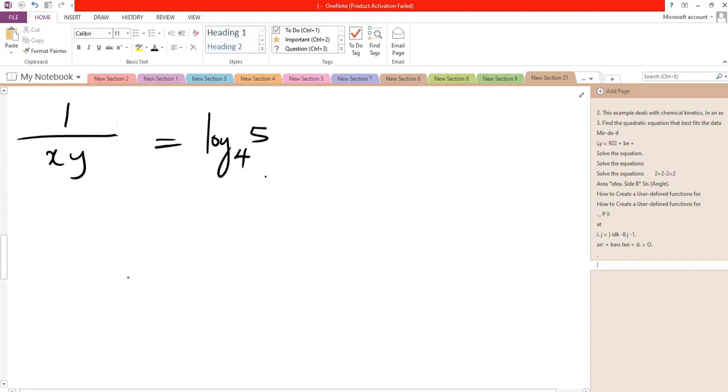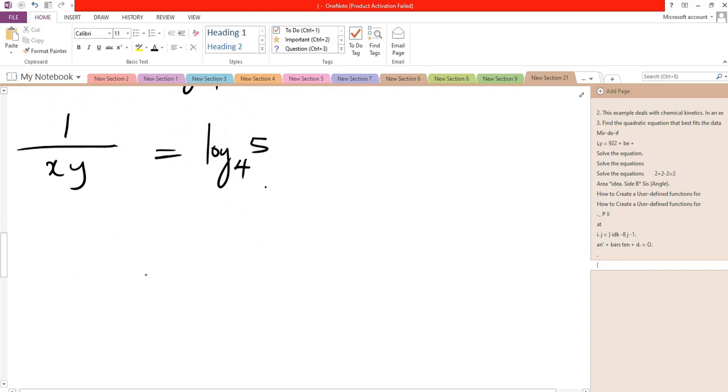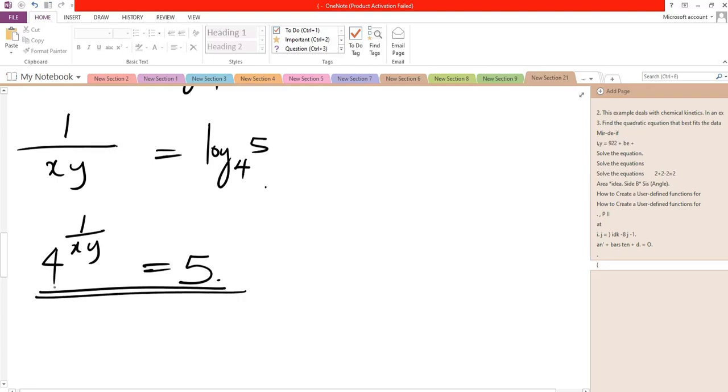Now according to the law of logarithm, to convert this to indices, you have the base 4 raised to this log. So 4 to the power of 1 all over xy, with the log as the power, is equal to 5. This is the answer for this method.